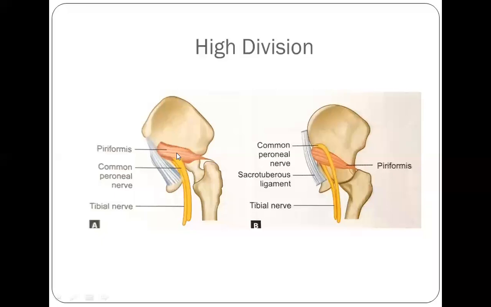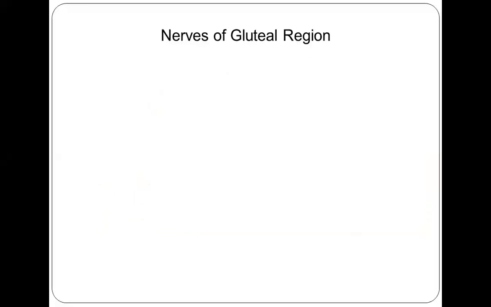In some people, the common peroneal nerve will also pierce the piriformis. So these are the variant anatomy which is present. Even if you don't know about the variant anatomy, it is okay. It is an extra question regarding high division of the sciatic nerve, but all of you have to know the normal anatomy, which is the termination of sciatic nerve at the superior angle of popliteal fossa.